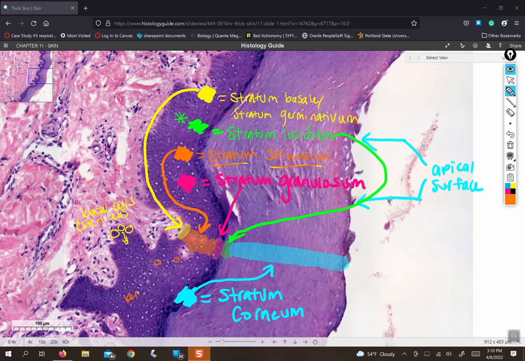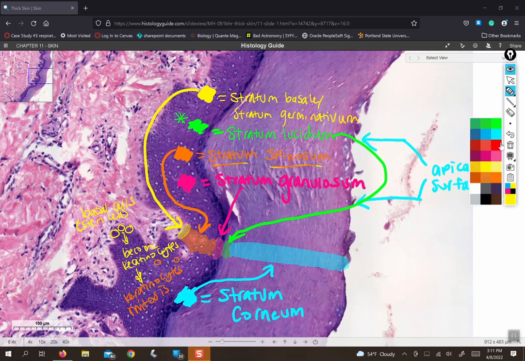So this is where keratinocytes do lots of mitosis to divide and make more of themselves. So they are becoming keratinocytes, and then those keratinocytes are going to undergo division so that they can become very numerous.